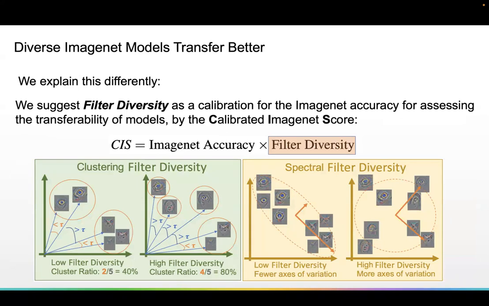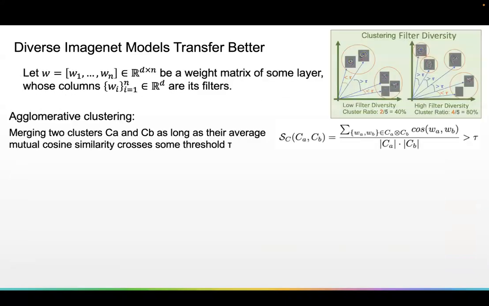So we focus here on the filter diversity as a notion rather than on the specific implementation, and show that two different implementations lead to the same conclusions. First, we consider what we call the clustering filter diversity, which is an intrinsic property of the model. We take the weight vectors of the different neural layers, for example, the channels of the convolutional layers, and then we use an agglomerative clustering algorithm that clusters together different filters in the weight space.